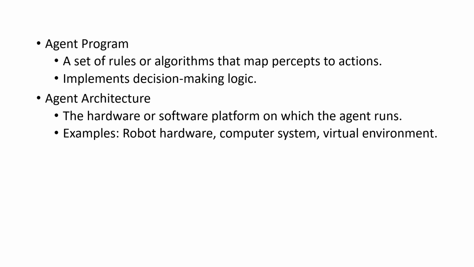The agent program has a set of rules, and according to those conditions and rules, the agent will decide what action we have to perform. Agent architecture is the hardware or software platform on which the agent runs. For example, robot hardware, computer system, virtual environment, etc.